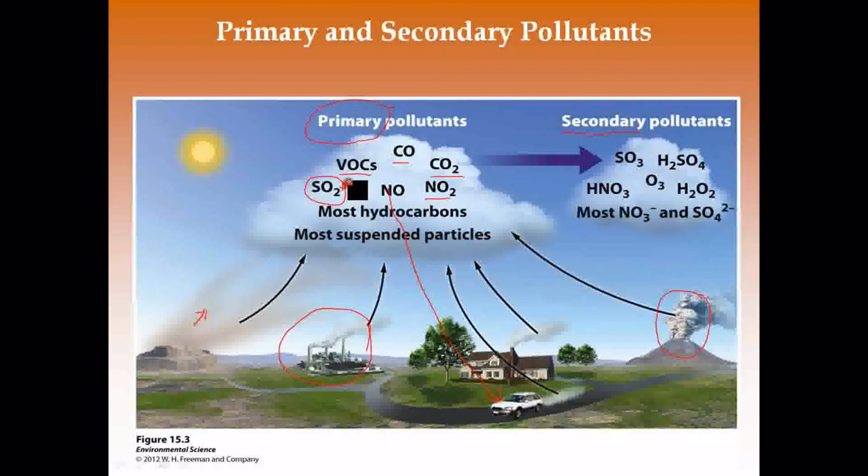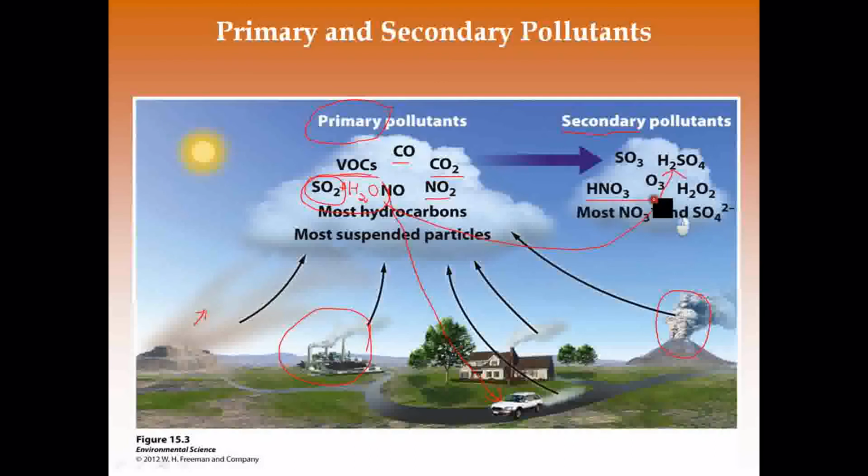SO2 plus H2O yields, let's circle that and go right to H2SO4, sulfuric acid. So these primary pollutants get into the air. They have their own issues, but when they react with water vapor, they form acids. H2SO4.